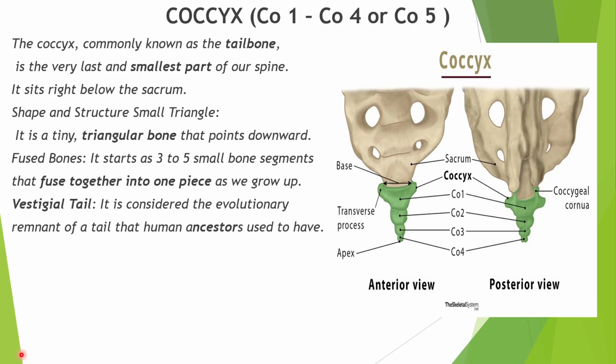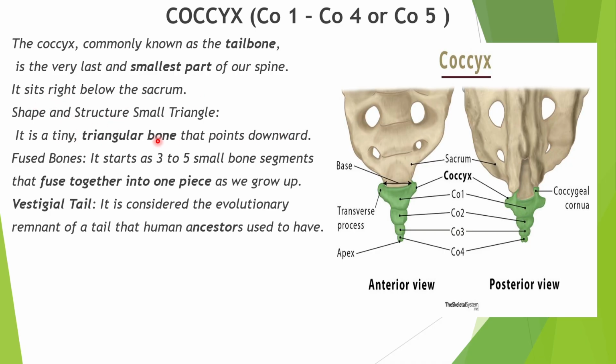So coming to next, that is the coccyx. It is commonly known as the tailbone, and it has no function, because it is a vestigial tail. It is vestigial because it's considered an evolutionary remnant of the tail that our ancestors had. It is the smallest part of the spine, and it sits right below the sacrum.